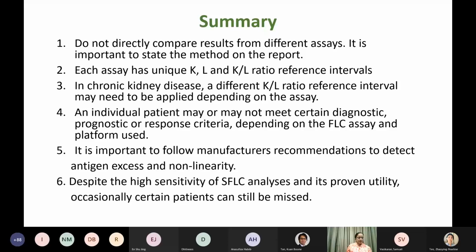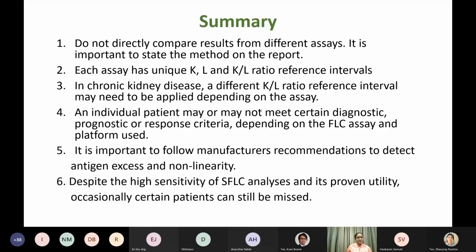So what are the key messages related to serum free light chain analysis? With the availability of a few different assays, it's important to note that we can't directly compare results from different assays. It is very important to state your method on the report, especially if you have different labs with different methods in the city.